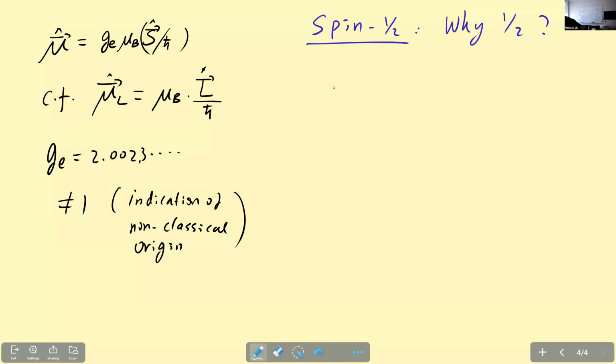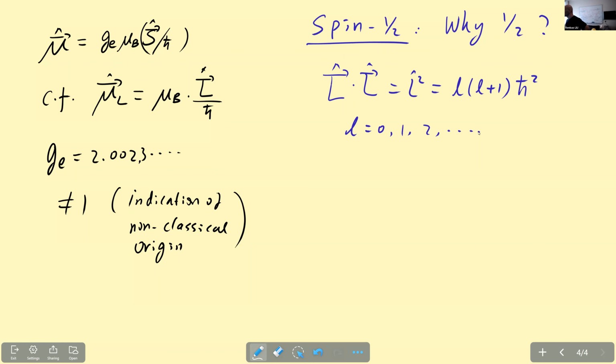Now let me show you. Remember, in the orbital angular momentum, L squared always takes a value L times L plus 1 times h bar squared, with L equal to 0, 1, 2, and so on.